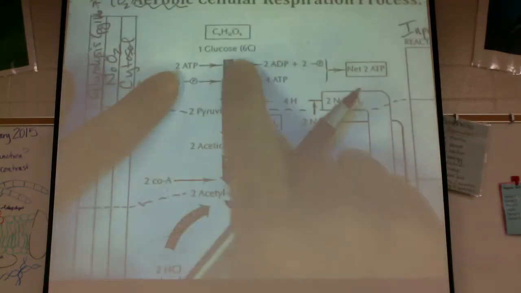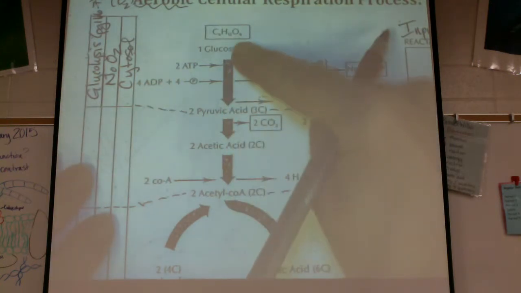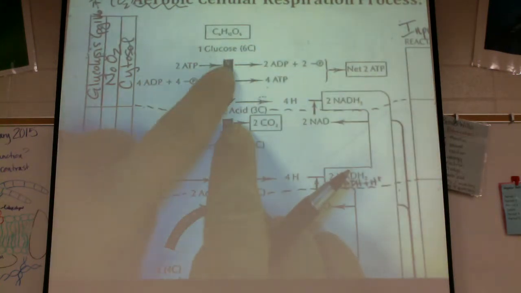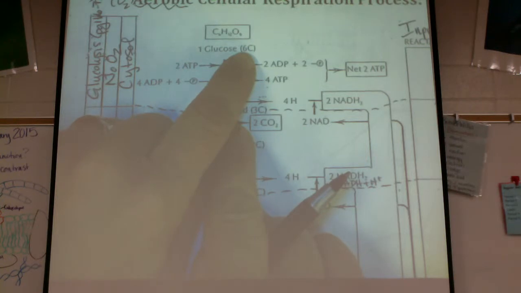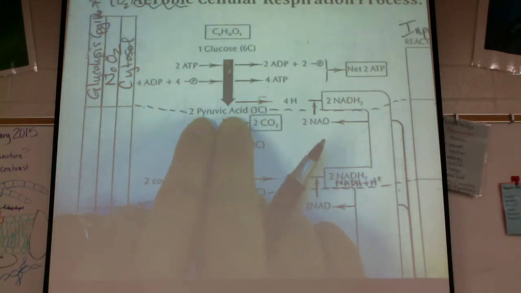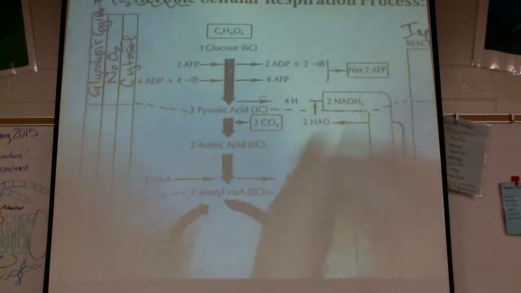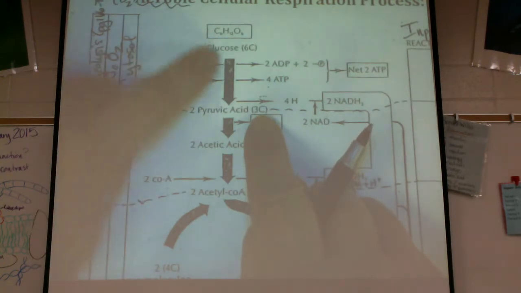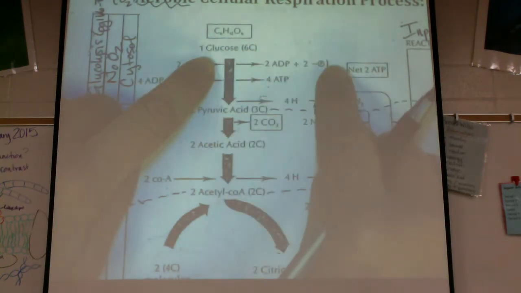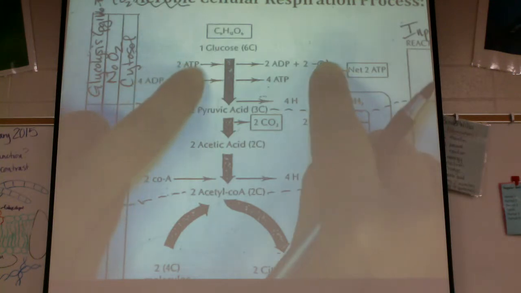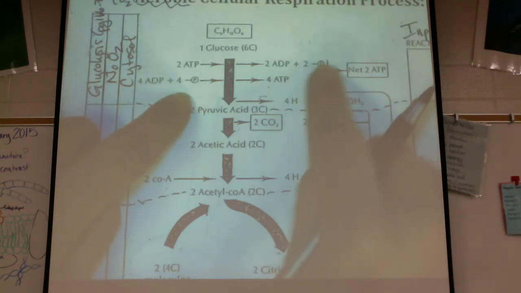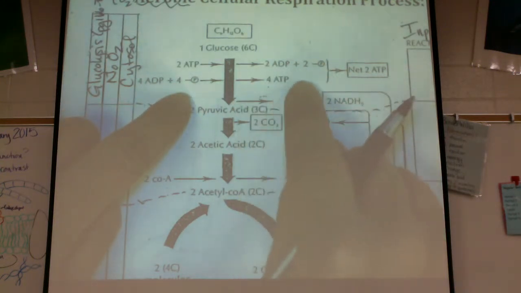So when we look through this process, you've got glucose that is being broken apart, because it's a C6 molecule, or a 6-carbon molecule, into 2 pyruvic acids, so it's getting broken in half and converted. It's going to need some ATP to get that done, but it's also going to be able to use some ADP and some Pi to make some ATP, okay?